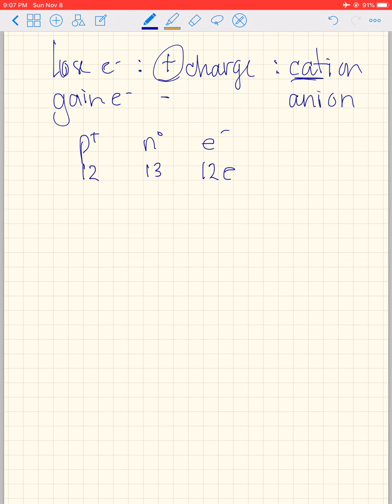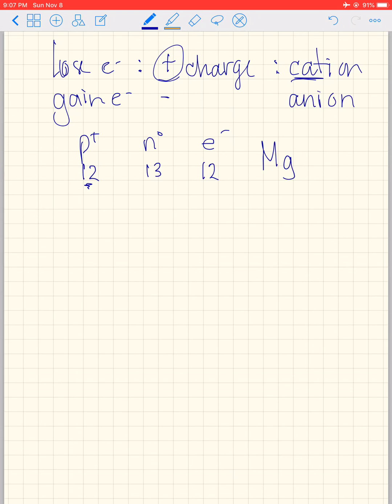Well, I've already written electron there. I don't need to do that again. This is what isotopic notation looks like. First, I go to my number of protons and I say, what element is this going to be? And when I look at my periodic table, I see that element number 12 is magnesium. And so I'm going to write magnesium right here.